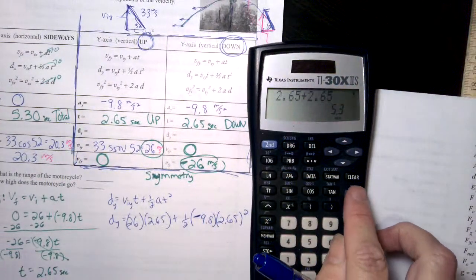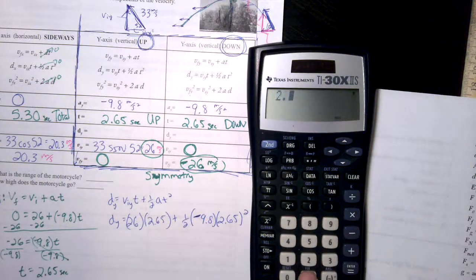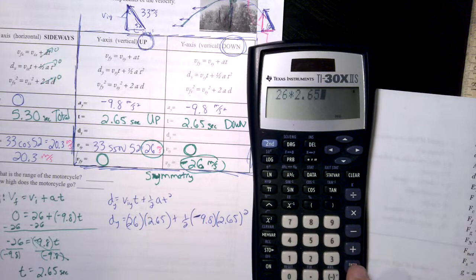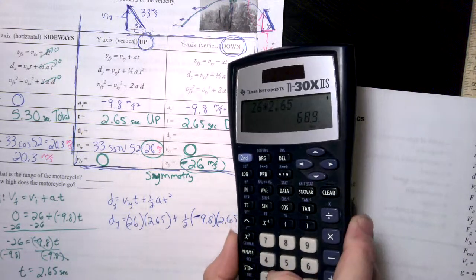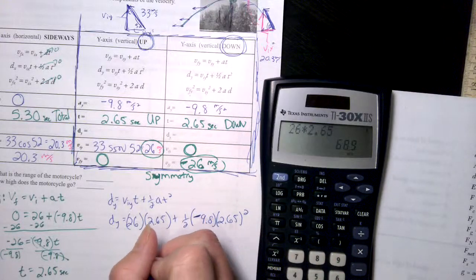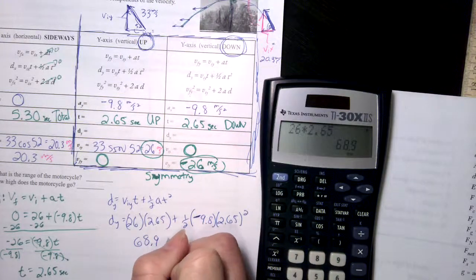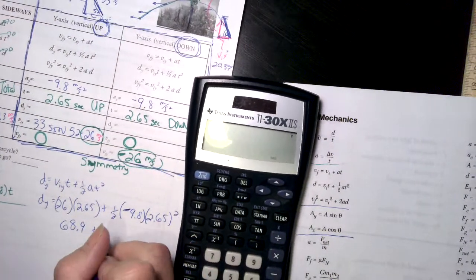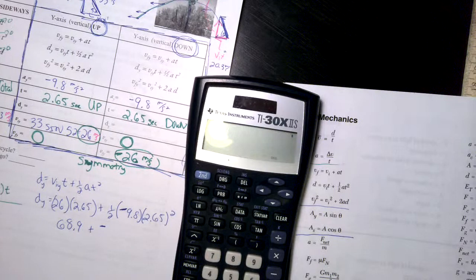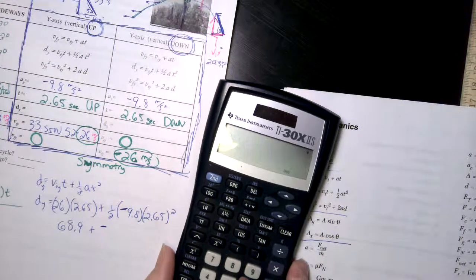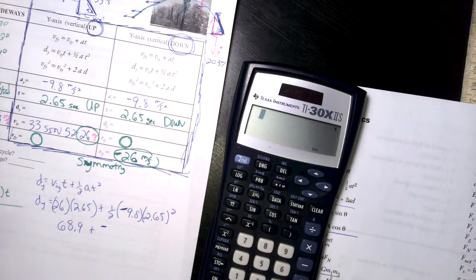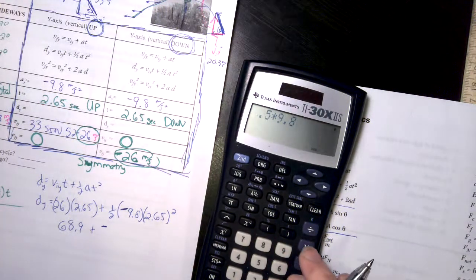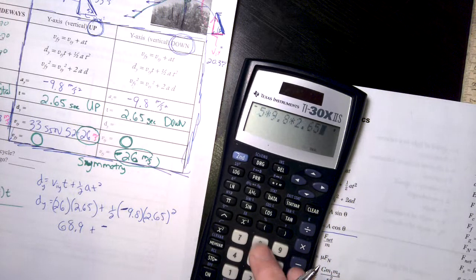Multiply the first two together. 26 times 2.65 is 68.9. Plus, and I'm going to put this in the calculator, I already know this part's going to be negative. I'm going to put 0.5, that's my half, times 9.8 times 2.65, and I square it.